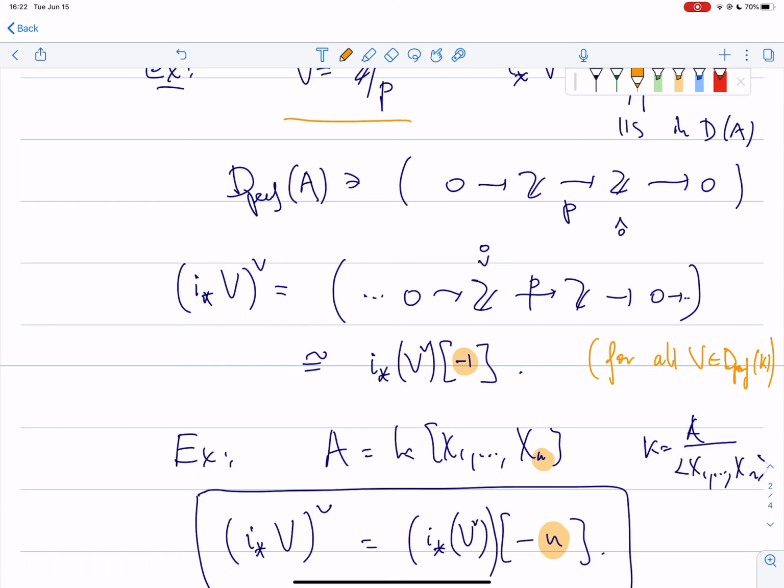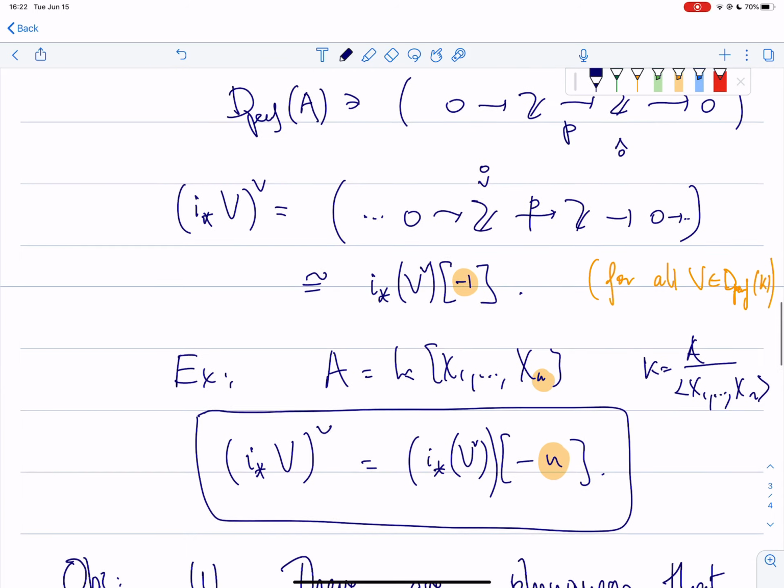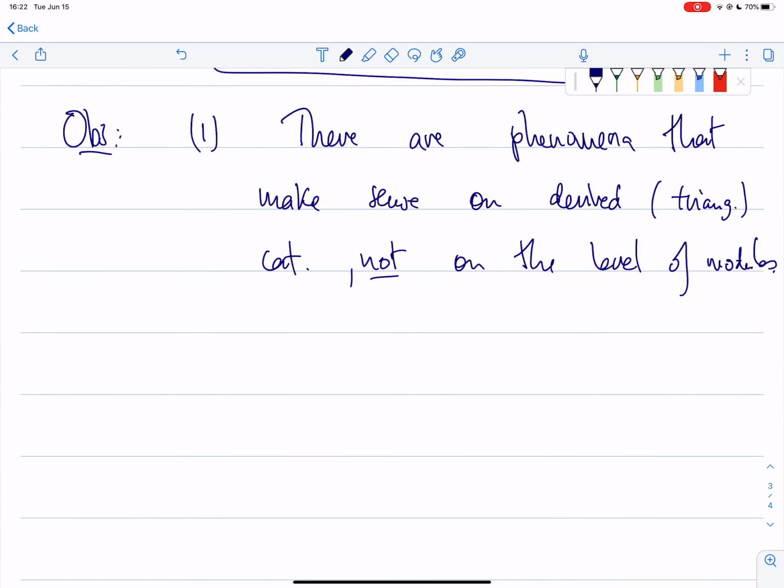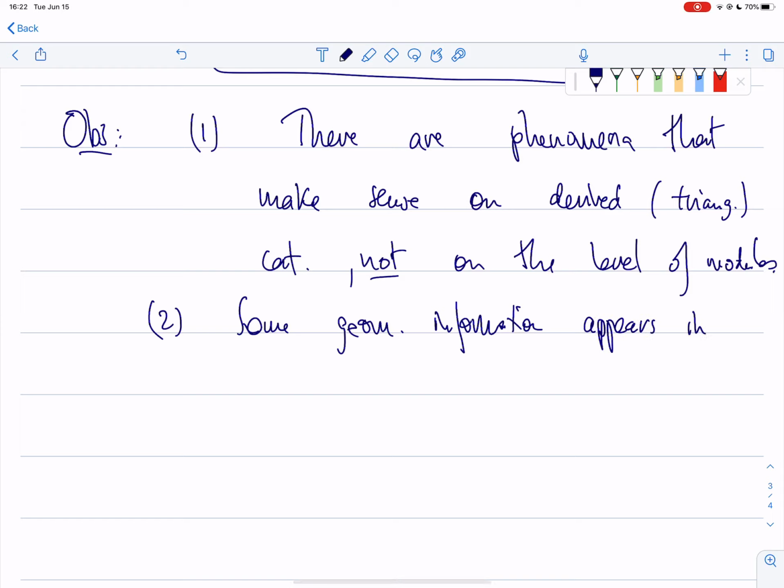Again, I don't want to go into the details of that, but that formula will hold very generally. So this duality that you see at the level of complexes is very, very nice, and in particular we see some geometric information survives or appears in the derived category.